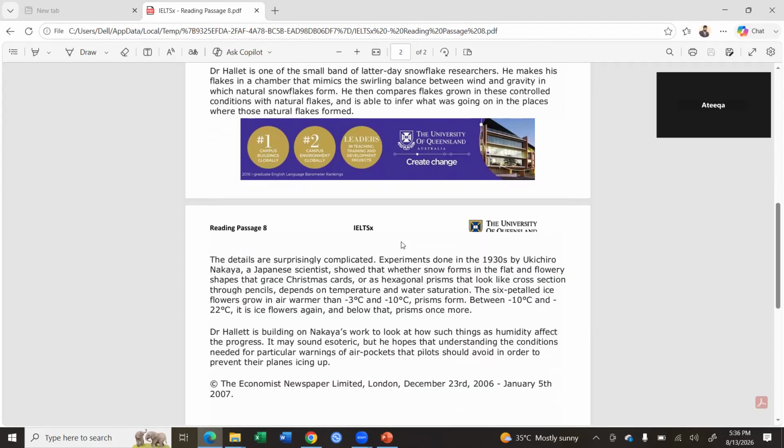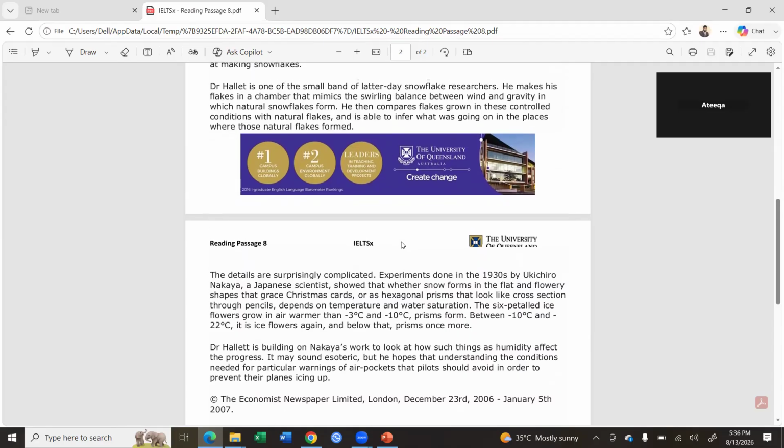Yes, minus 10 and minus 22. Ice dash. So between minus 10 and minus 22, it is what?